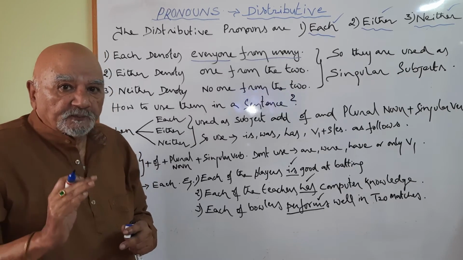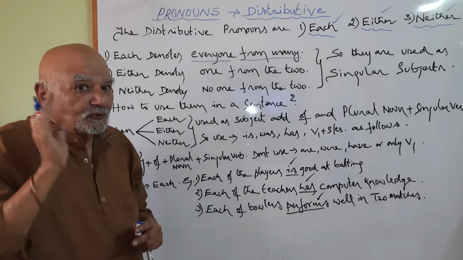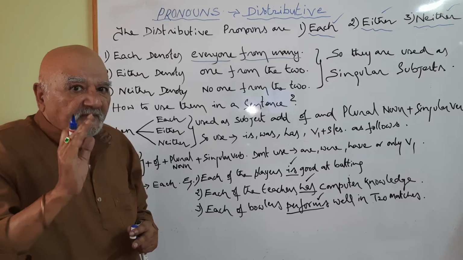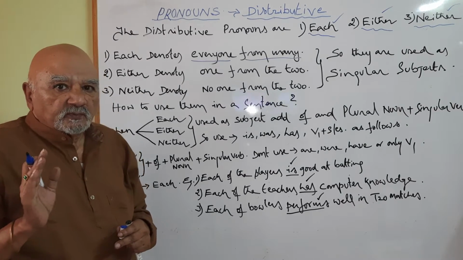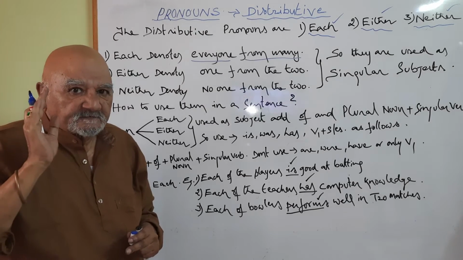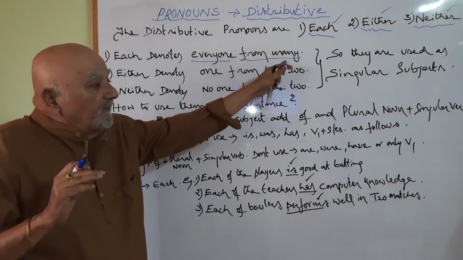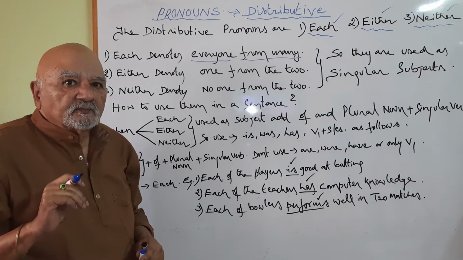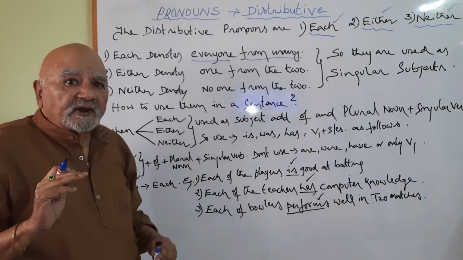One from 10, one from 5, but not one from 2. Be careful. To use each, there must be at least 3 or more. For 2, we should not use each. So, everyone from many, not two. Many means 3 to 100, 1000, 10,000, like that.